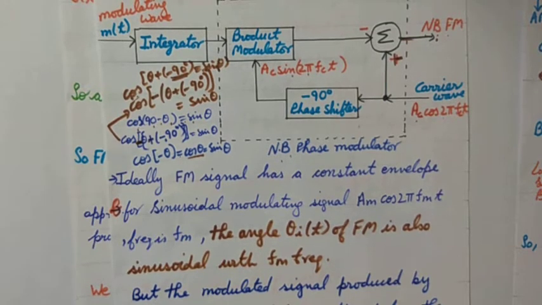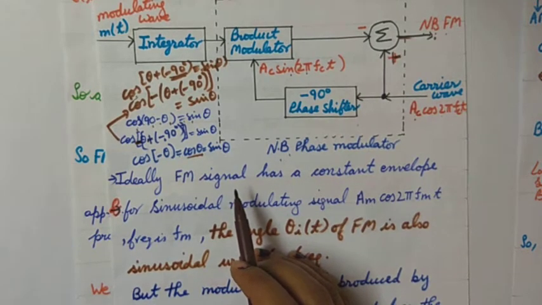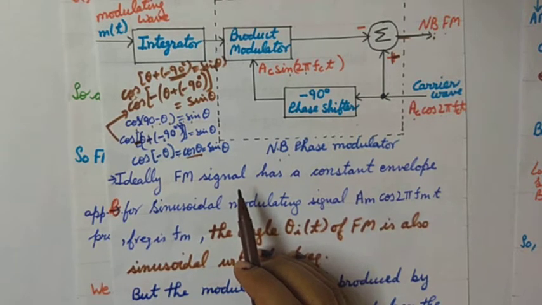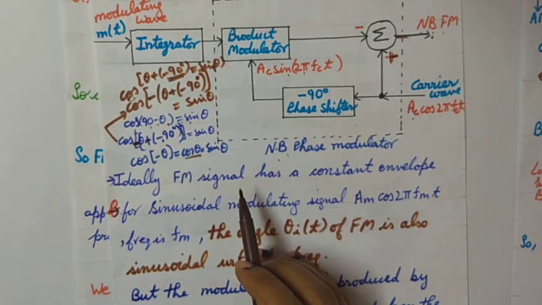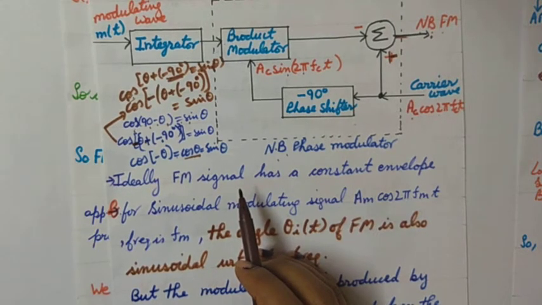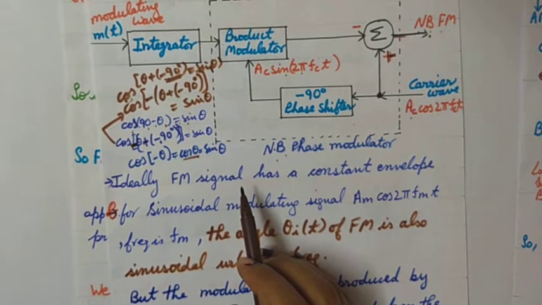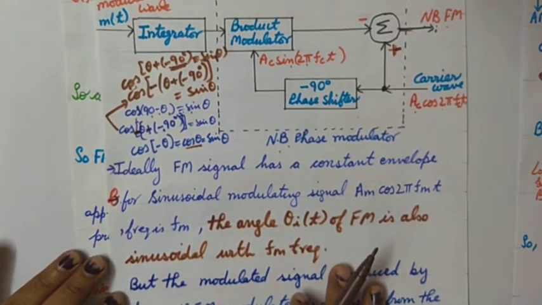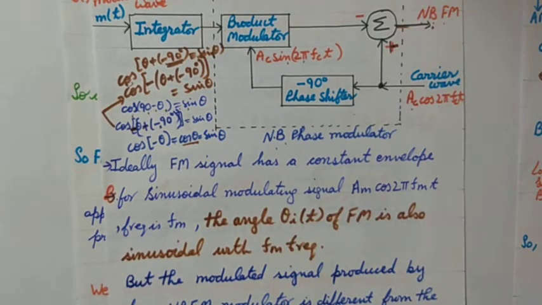Now another point which I would like to discuss here is that we saw that in FM or PM signal, since they are types of angle modulation, the changes which are being made according to the message signal in the carrier are in the angle part, not in the amplitude part. So here the amplitude ideally should be constant, but it is not so actually.